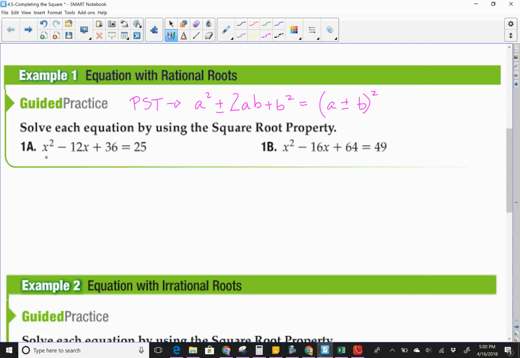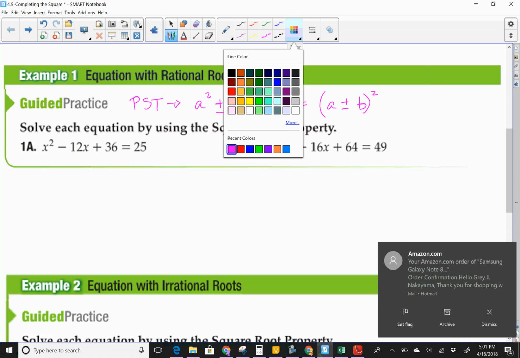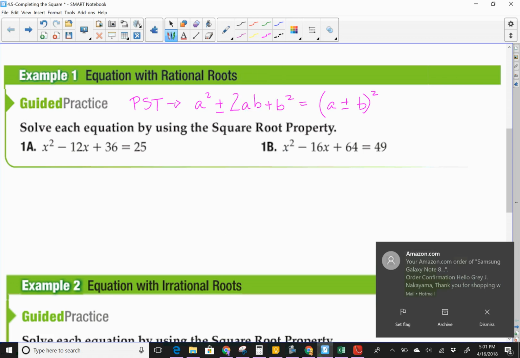So first off, to look at this first example, x squared minus 12x plus 36 equals 25. As I said, your inclination might be to subtract the 25.